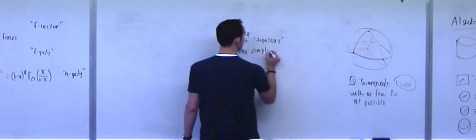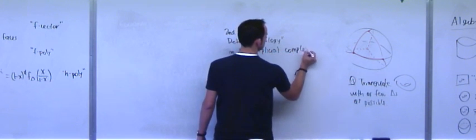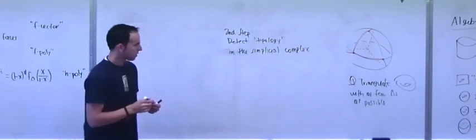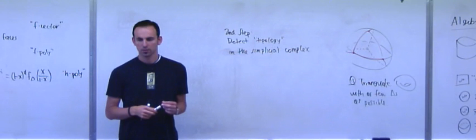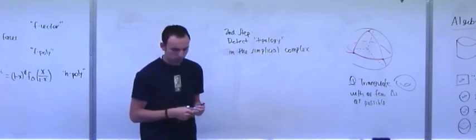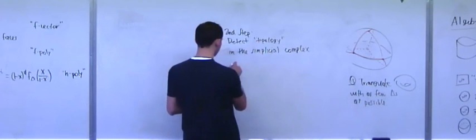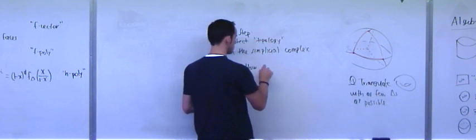So what do I mean by this? For example, can I see that my simplicial complex has holes without having a picture of it? So for example, how do I find holes?